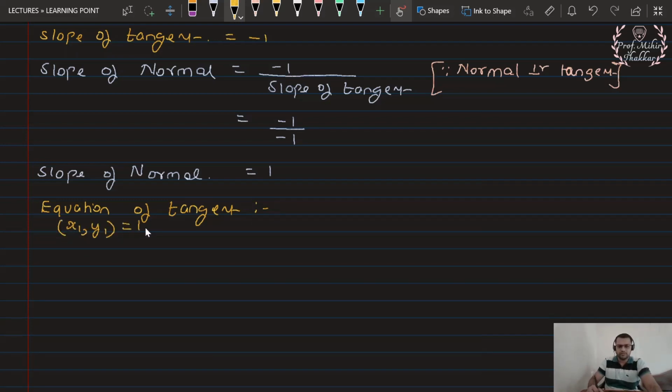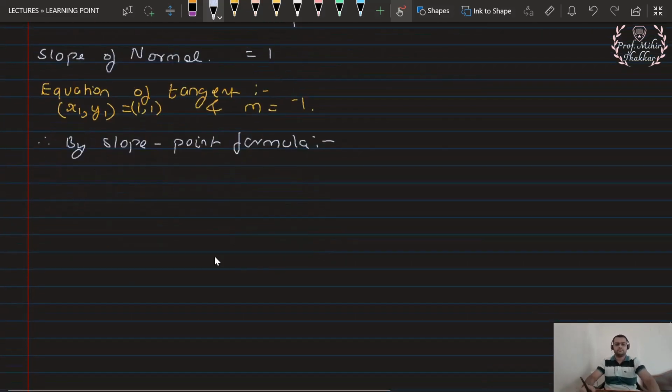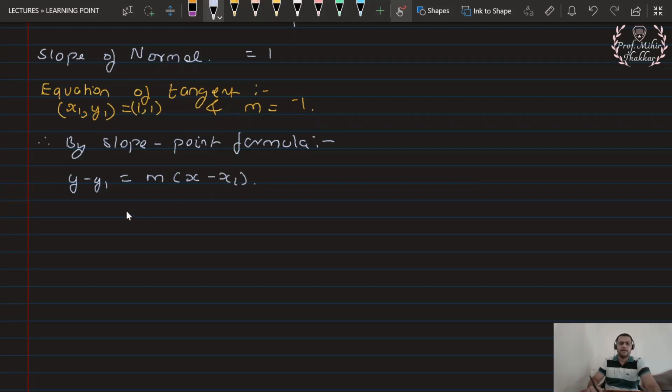X1 comma Y1 is 1 comma 1 and the slope of the tangent is negative 1. Therefore by slope point formula, y minus y1 is equal to m into x minus x1.